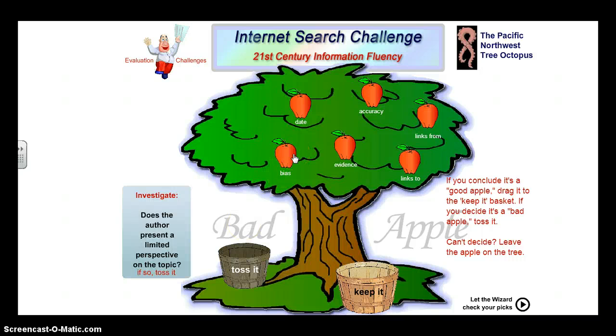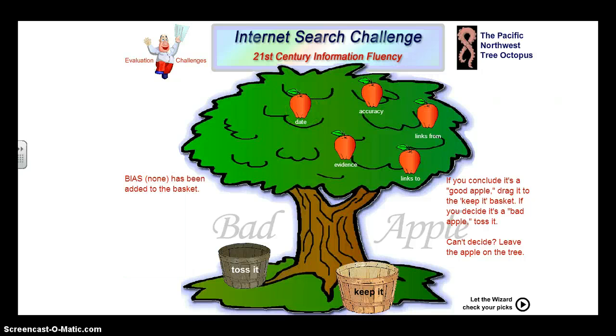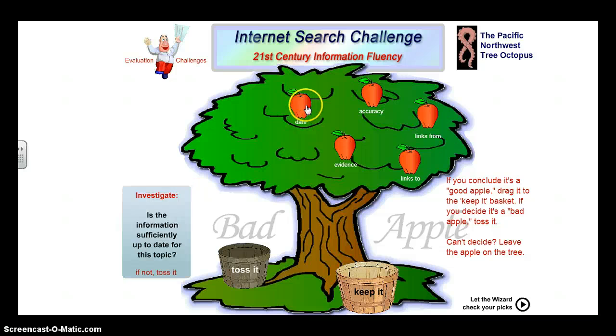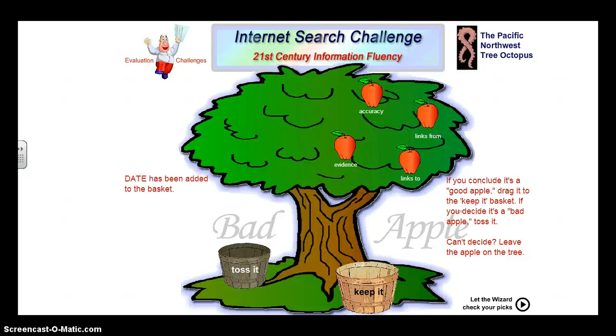Does the author present a limited perspective on the topic? Is the information up to date? When we looked, we saw that yes, there was information up to date. Is credible data provided to support claims about the tree octopus?